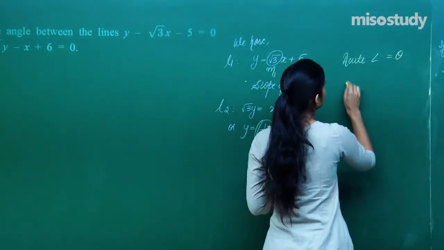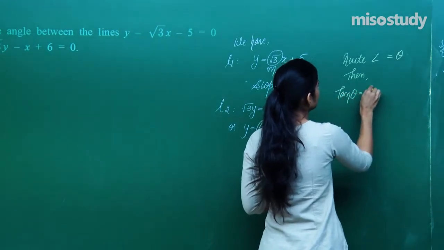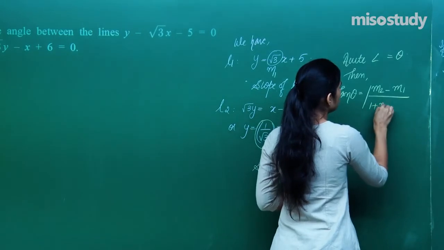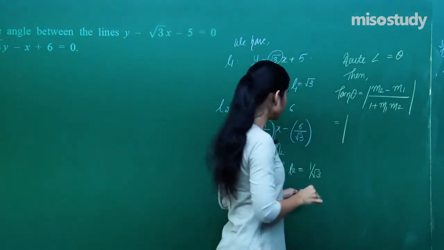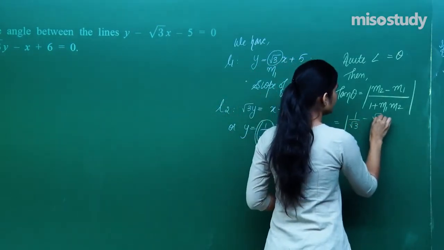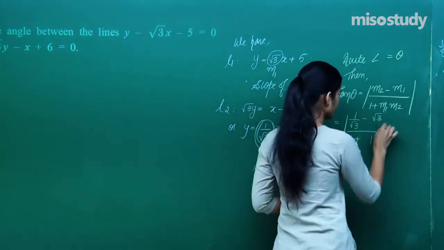Acute angle is say theta, then tan theta is mod of m2 minus m1 upon 1 plus m1 m2. That's mod of 1 by root 3 minus root 3 upon 1 plus 1 by root 3 into root 3, which is 1.